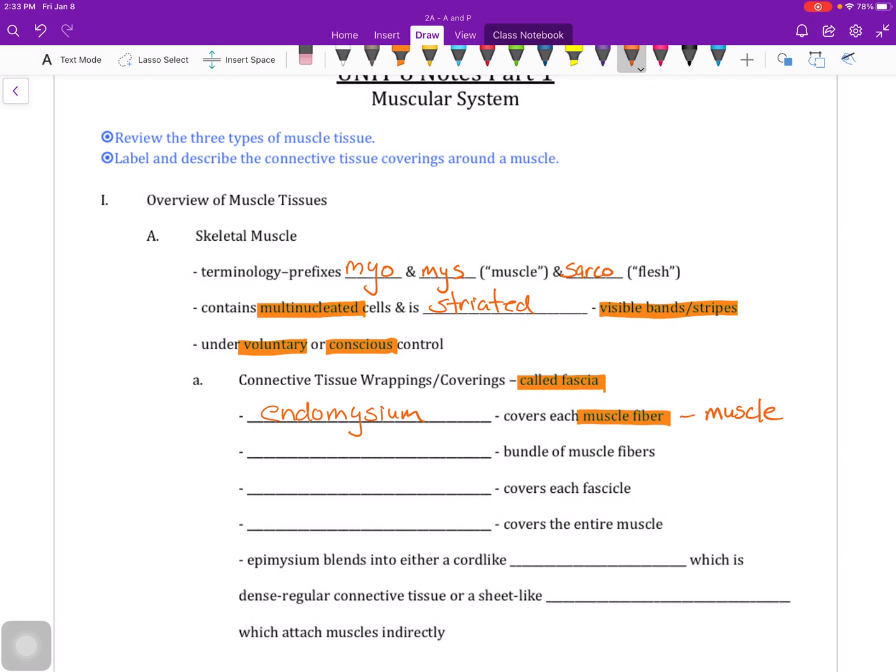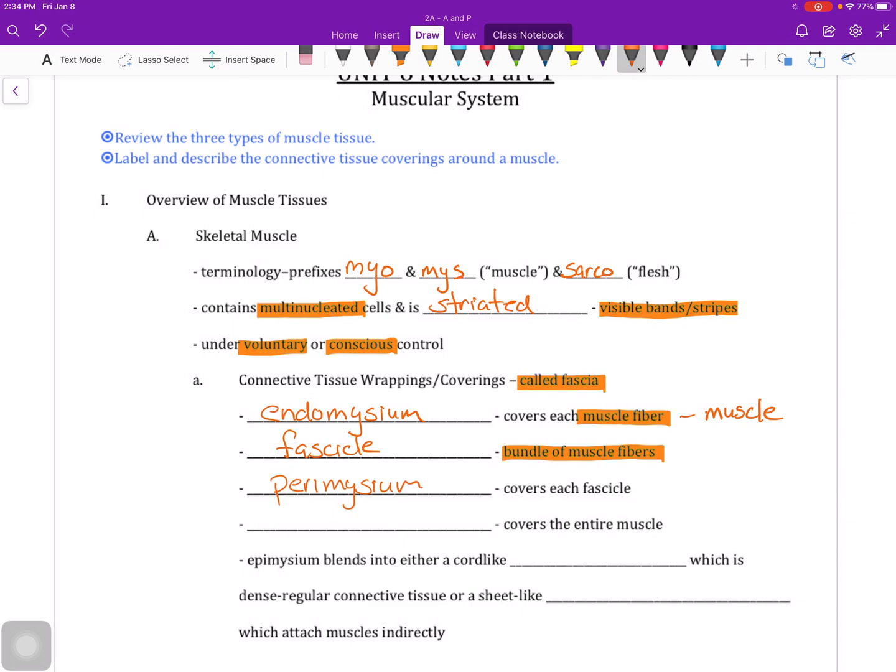All right, so the next thing we're going to talk about is a bundle of muscle fibers, and that is called a fascicle. A fascicle is a bundle of muscle fibers. Covering each fascicle, we have what is known as the perimysium.